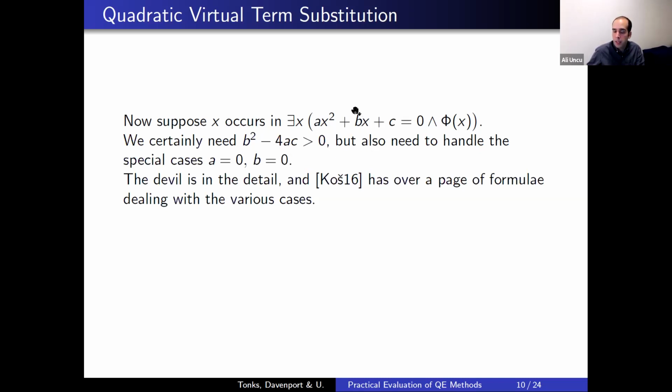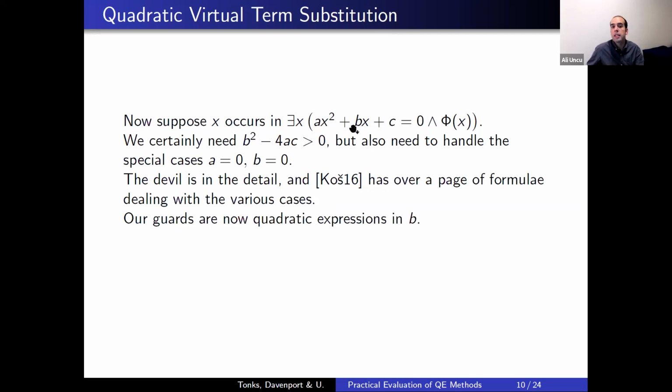So it was a linear equation in variable b. It is definitely a quadratic in b now. And there are even special cases when a is 0 and b is 0. And this creates a lot of details. And Koshta actually deals with these details in his thesis. So the devil's in the detail. You've got to be careful about these things.